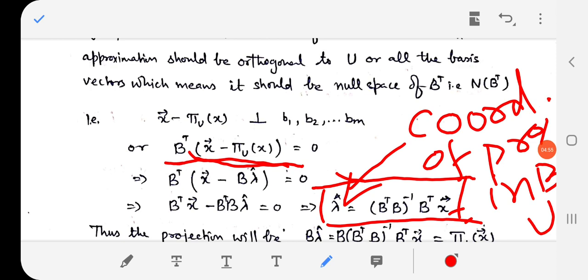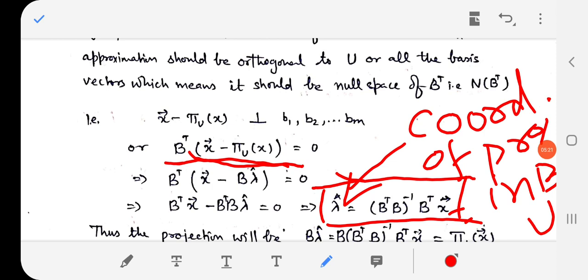Interestingly, B transpose B can have an inverse even if B is a rectangular matrix, if and only if we have linearly independent columns in B. So if all the columns of B are linearly independent, B transpose B will definitely be invertible.